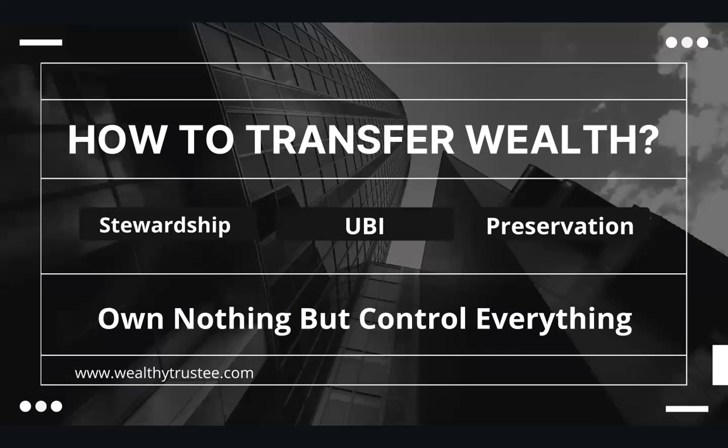And so what the beneficiary is going to do as an alternative is they're going to go to the trust or the trustee, and they are going to take out a loan for the money that they need in order to purchase that vehicle. So they're going to take out a loan for the $30,000.